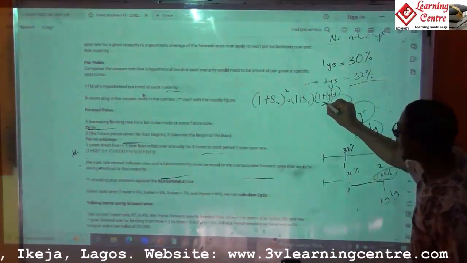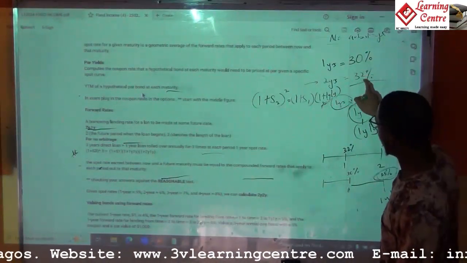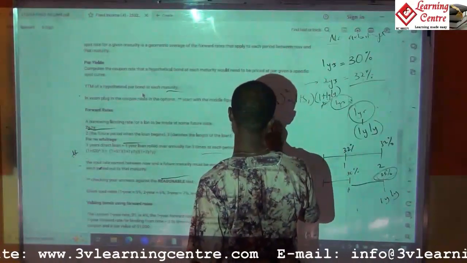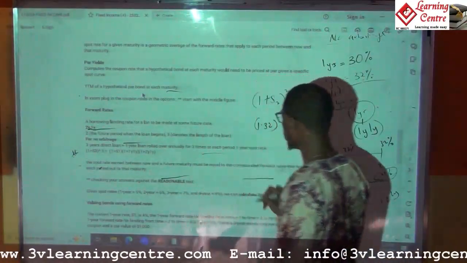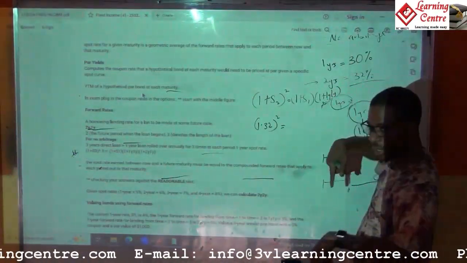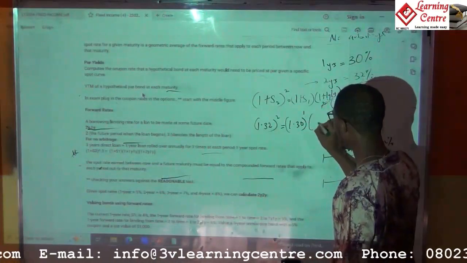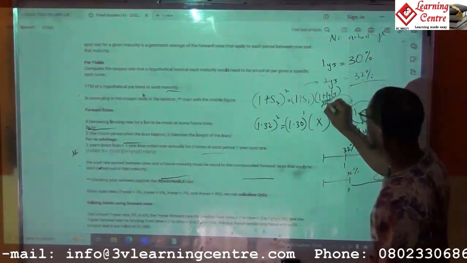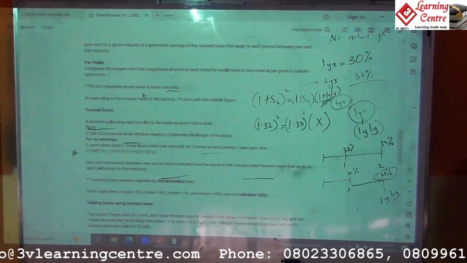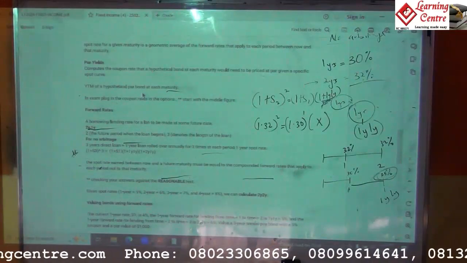I want to find the price that will clear the market, and this is what it is. You know that 2 year direct is 32%, that is 1.32. That's our 2 for the 2 year direct loan. We also know the current 1 year loan, 1.3. That's our 1. What you have to find is this X.